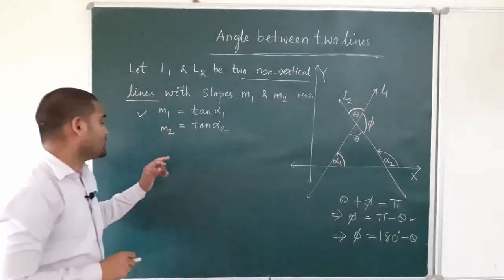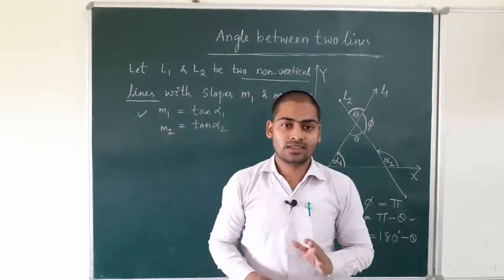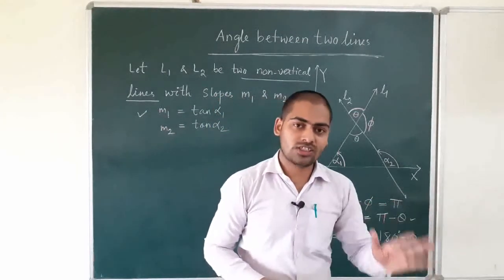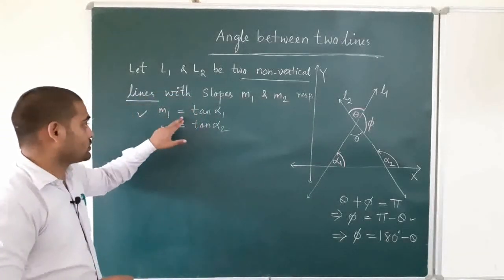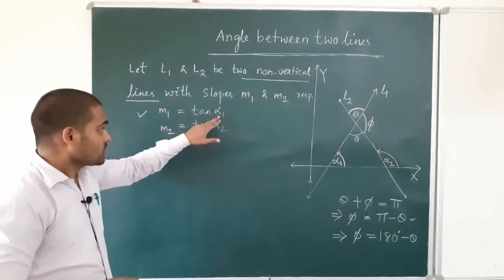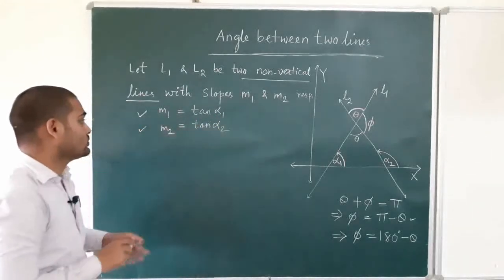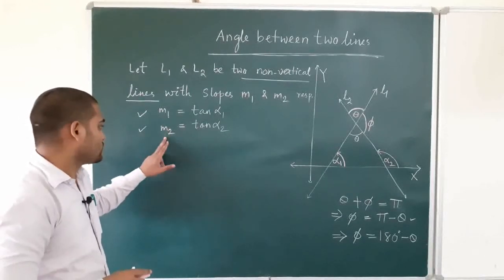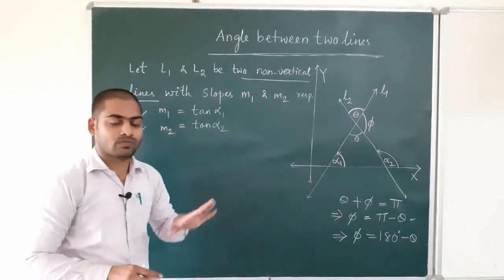As we know, the slope of a line is the tangent of the angle of inclination. So we can write m1 is equal to tan alpha 1 and m2, that is the slope of L2, is equal to tan alpha 2.